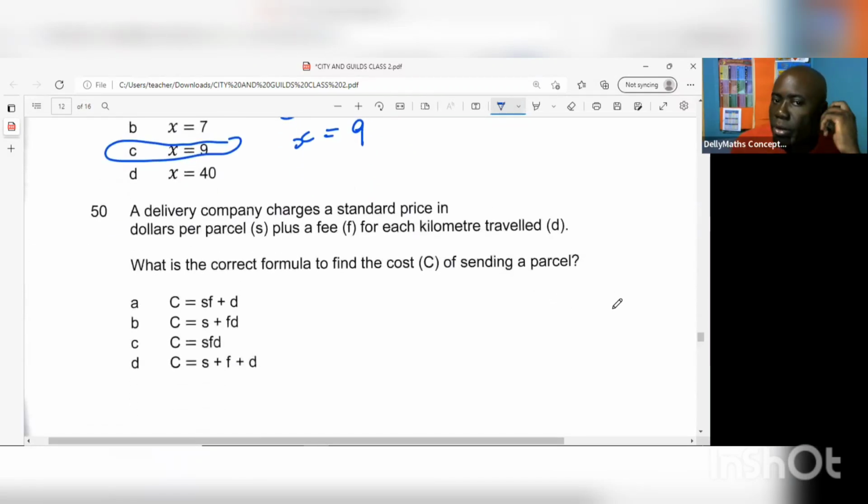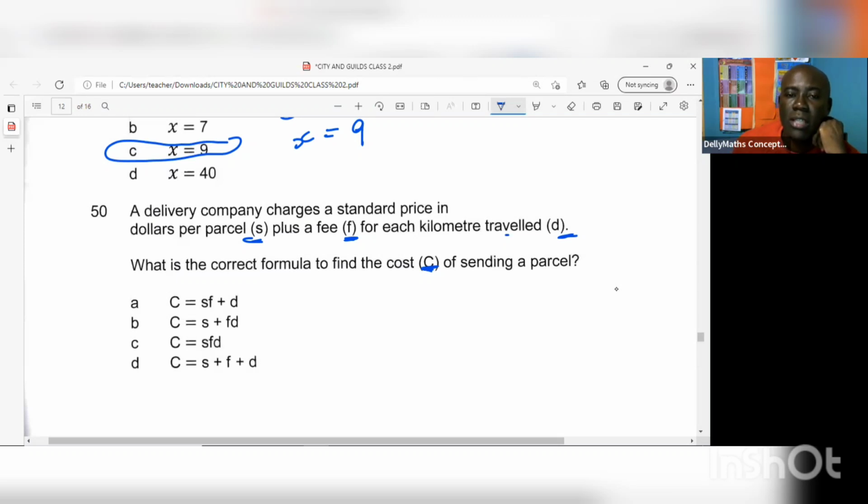A delivery company charges a standard price of S to deliver parcels, and also a fee of F for each kilometer traveled, D. What is the correct formula to find the cost C of sending a parcel?